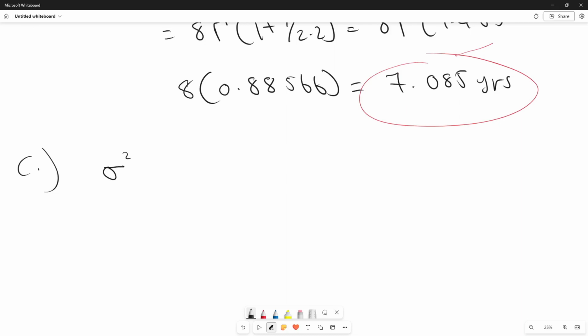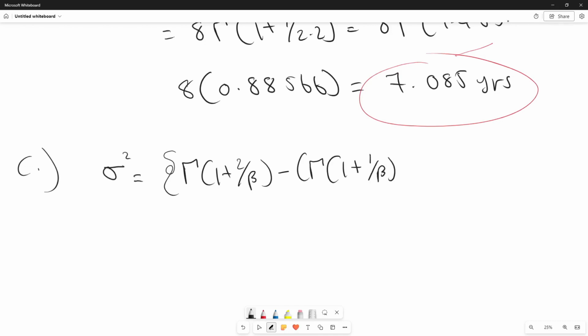This is the formula for variance: this long formula, gamma function of 1 plus 2 over beta minus gamma function of 1 plus 1 over beta, and all this squared.